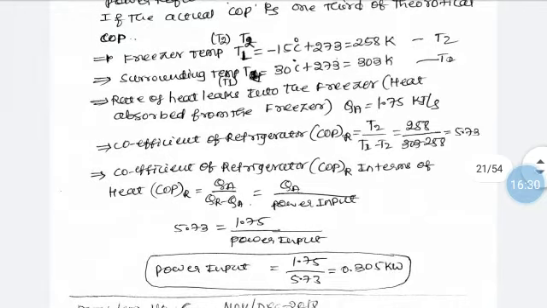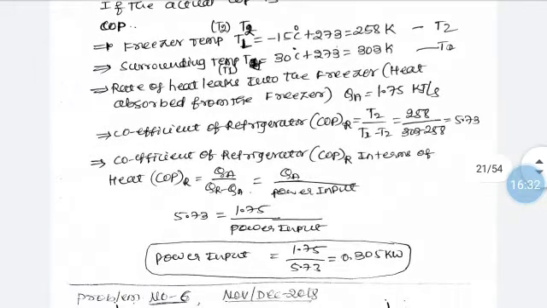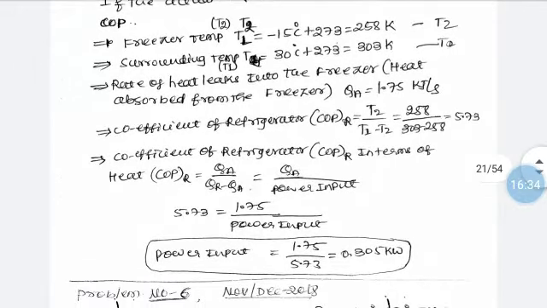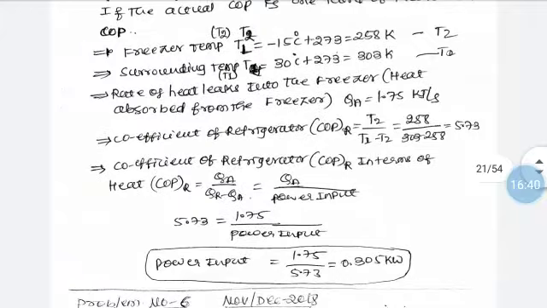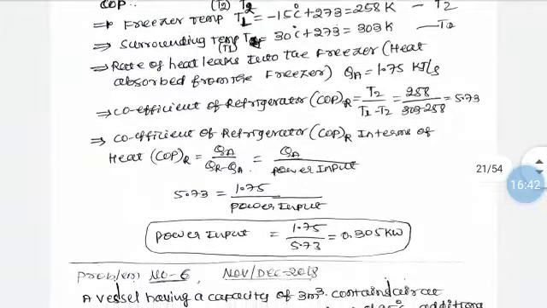The coefficient of refrigerator is given by T2 divided by T1 minus T2, that is 258 divided by 303 minus 258. So it gives 5.73. And the COP in terms of heat is given by QA divided by QR minus QA.